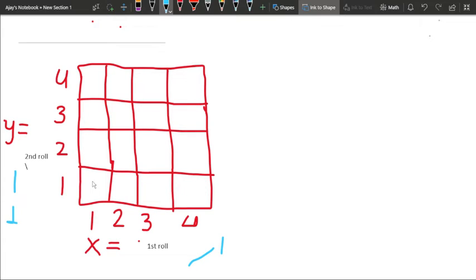For example, if the first roll is 1 and the second roll is 1, and particular outcomes occur if the first roll is a 2. Wait a minute.